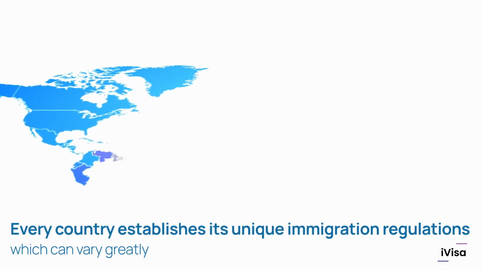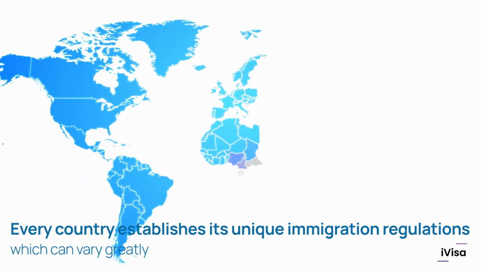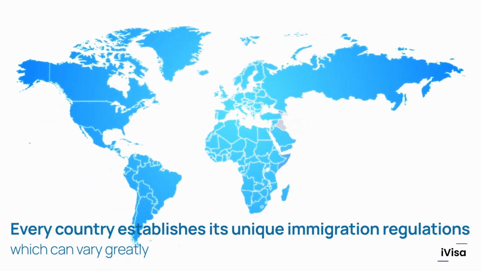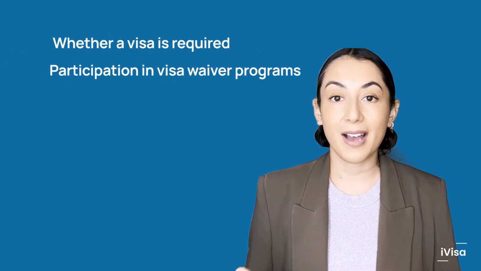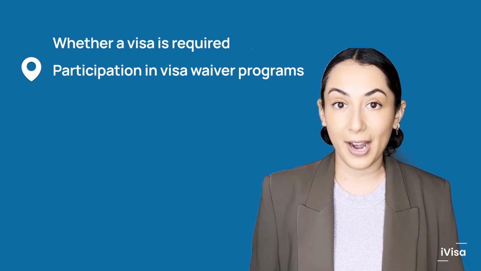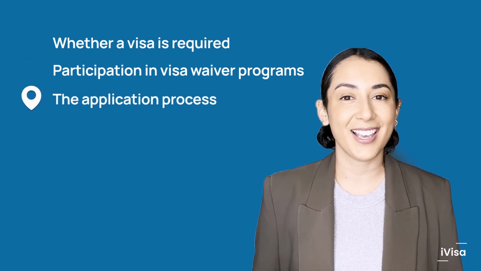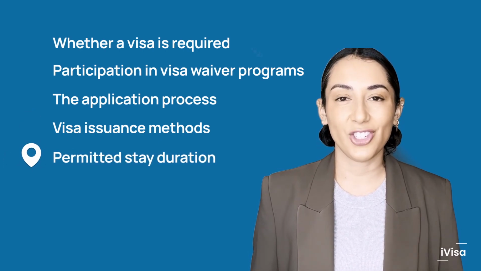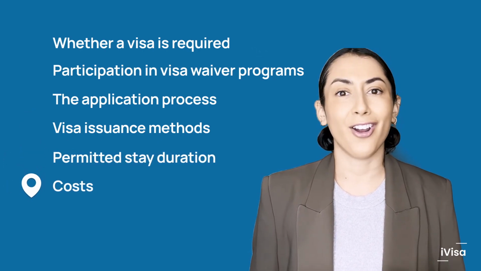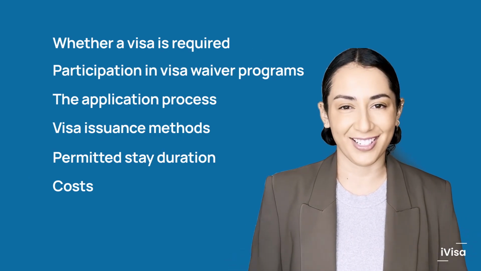That's because every country sets its unique immigration regulations, which can vary greatly. These distinctions encompass whether a visa is required, participation in visa waiver programs, the application process, visa issuance methods, permitted stay duration, costs, and a whole array of other factors.